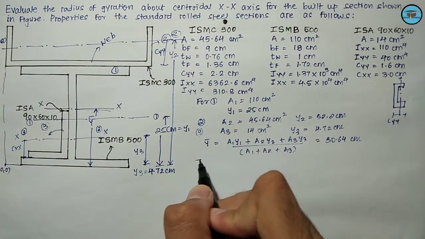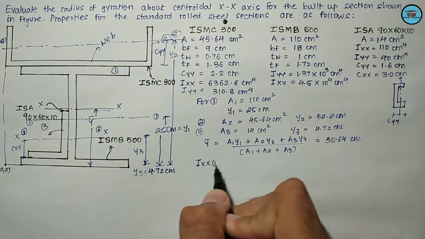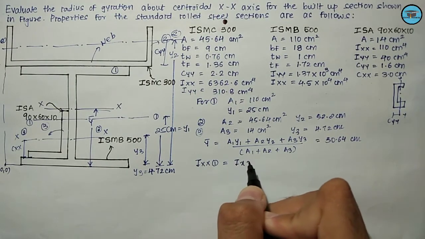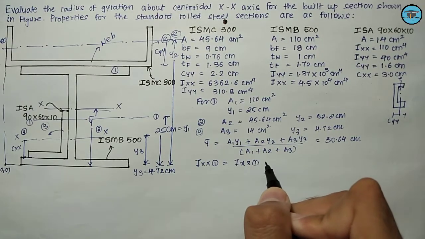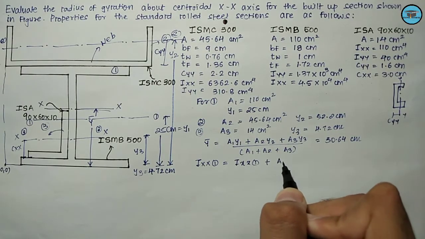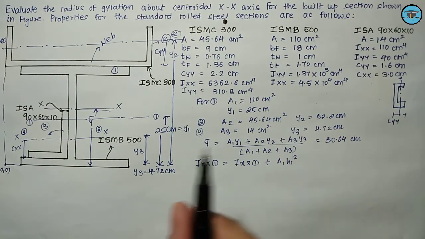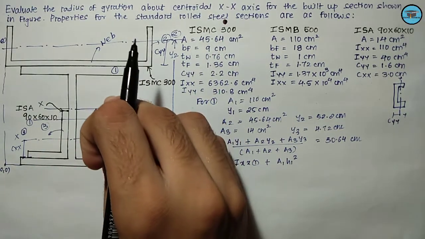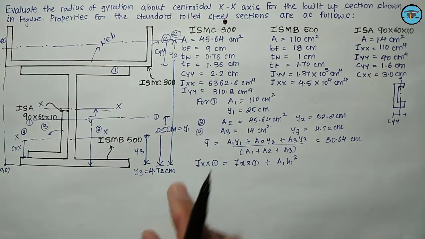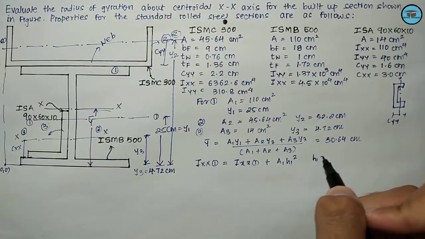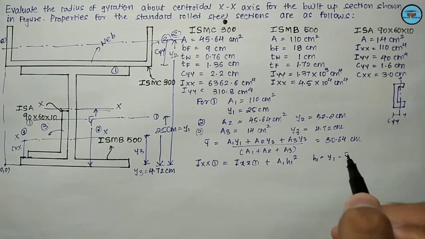Now we need to determine the moment of inertia of these standard sections about this x-axis. So Ixx1, we are applying the parallel axis theorem. So Ixx1 is nothing but the moment of inertia about the local x-axis plus area into the square of the distance between the two axes. So for the figure number 1, the distance between the two axes will be y1 minus y bar. So h1 is nothing but y1 minus y bar.